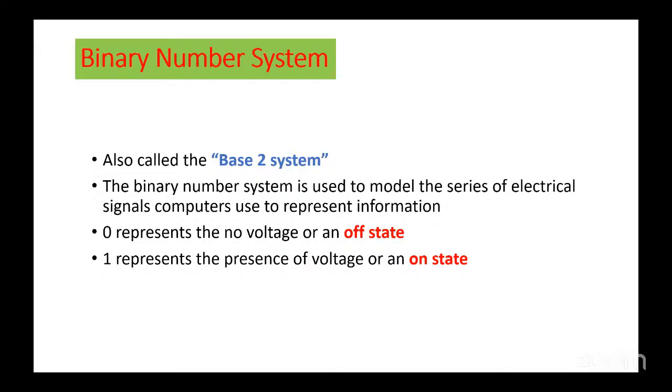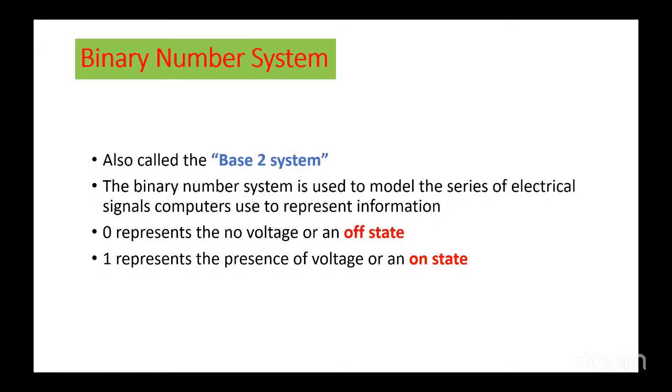So here, what is the 0? What do you understand from the 0? 0 is the low state. 0 is no signal. 0 is the off state. Okay. So that is the case for the 0.